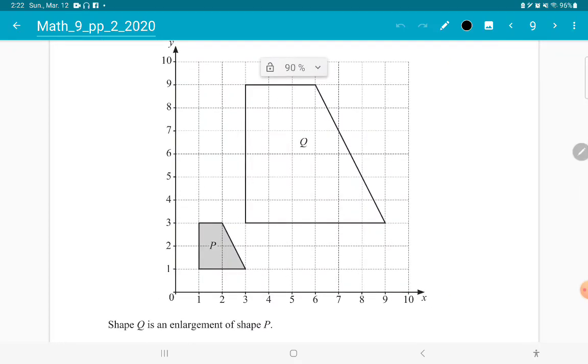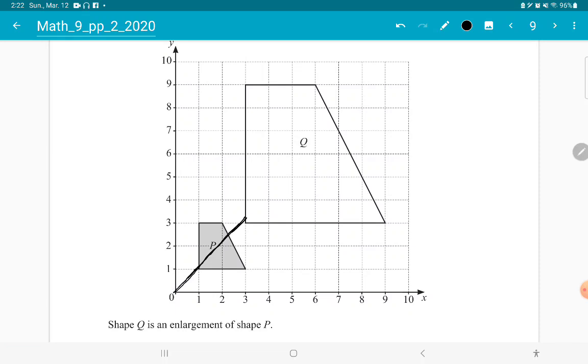The easiest way is to connect vertices, and I would see the easiest one is this. So if I connect this to the origin, I connect this to that corresponding, and then pass it to the origin.